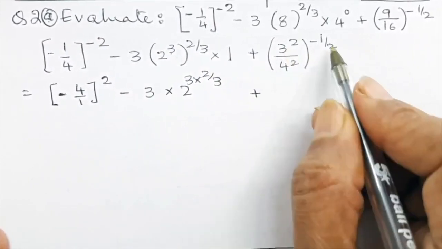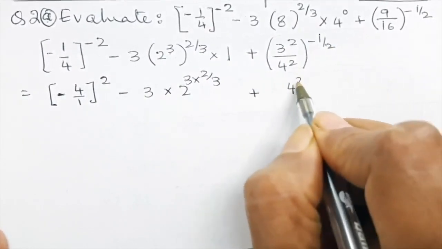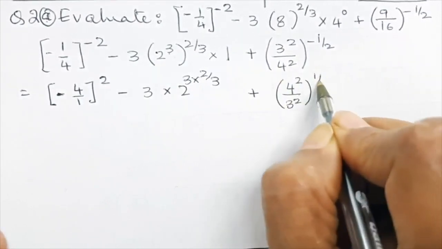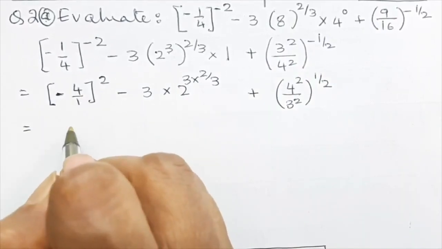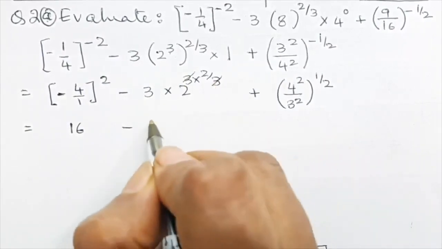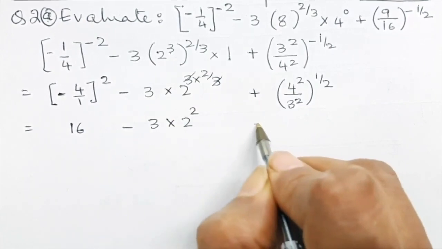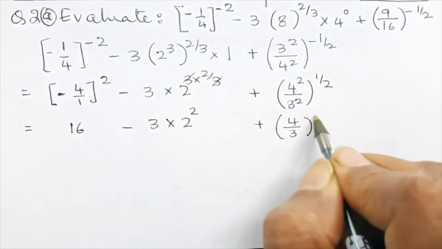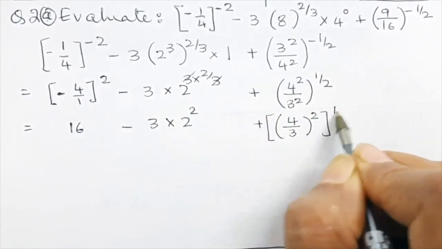Here this is again negative power, so we'll make it positive. So 4 square upon 3 square bracket to the power half. This gives us minus 4 square becomes 16, minus this gets cancelled, 3 multiplied by 2 to the power 2, and plus here this is 4 upon 3 bracket to the power 2 and that to the power half.